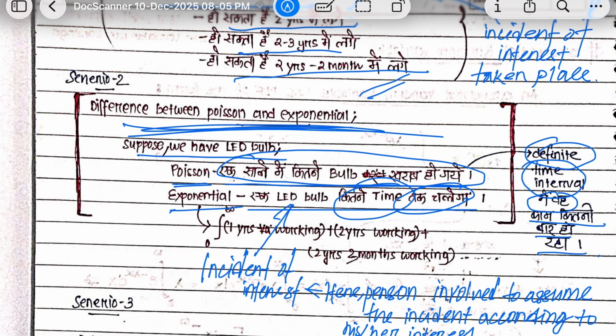It occurs in a definite time interval, like the number of customers coming to a shop in a time interval, suppose 7 to 8 p.m., where no person is there to assume the incident according to his or her interest. There you will use the exponential random variable.